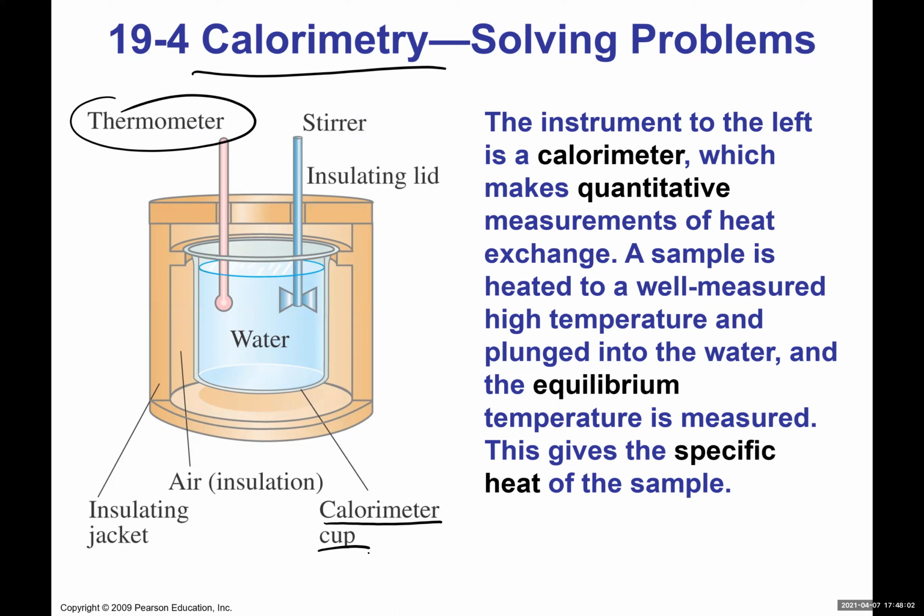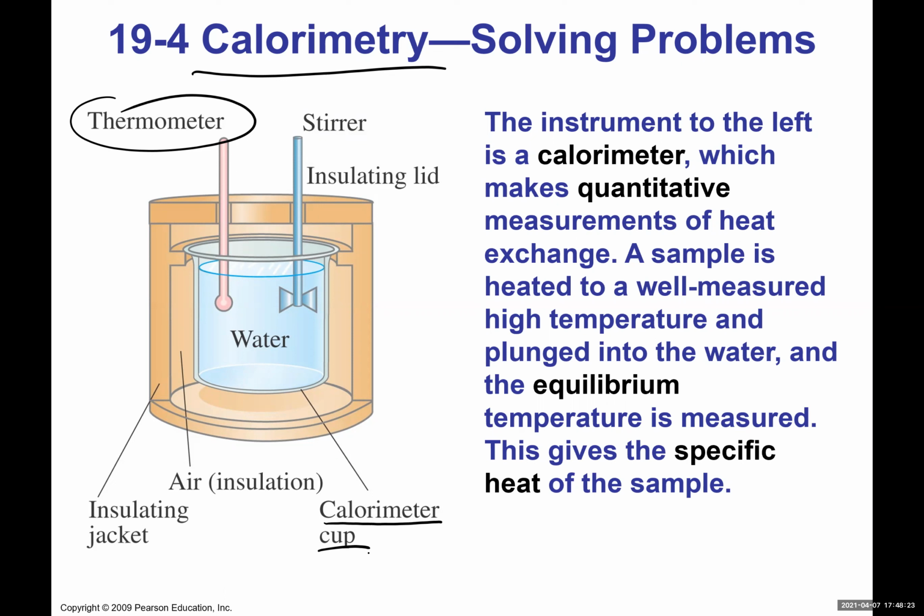What you can assume here is that the cup and water are in thermal equilibrium with respect to one another. Even if they weren't in thermal equilibrium, eventually they will reach thermal equilibrium.